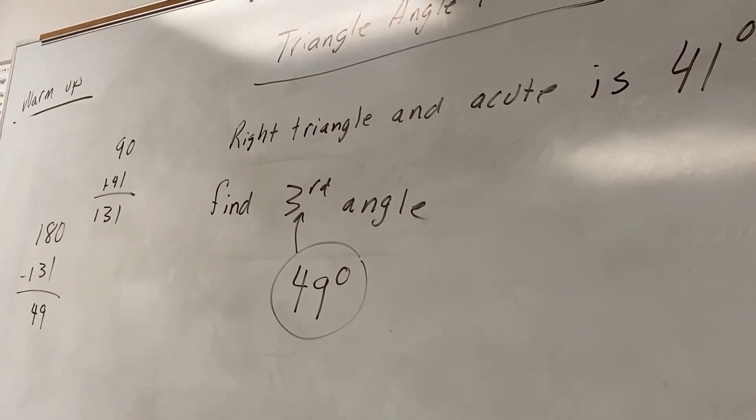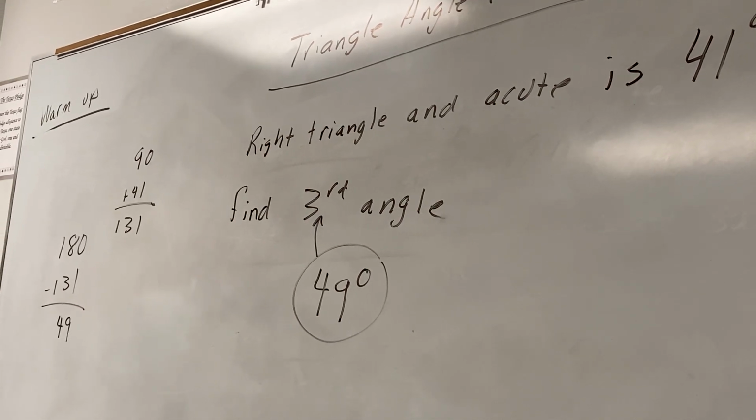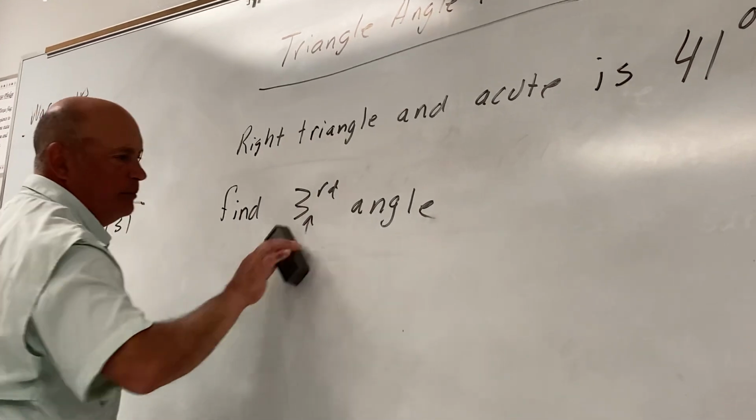And that's pretty much all the lesson is about today. Looking at a triangle. It could be isosceles. Now let's do one of those. One more.